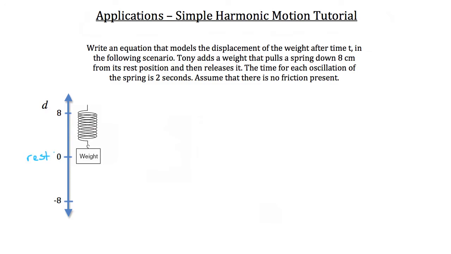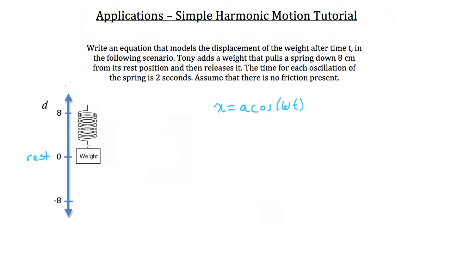So let's begin by writing down what we know. They want us to write an equation that models the displacement of the weight after time, the displacement being the distance that it's moved. So we're going to take our formula x for the distance, and this is the formula for simple harmonic motion that we're using. x is equal to a times the cosine of omega t.